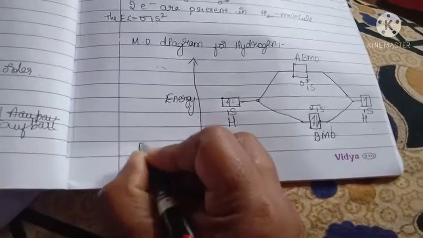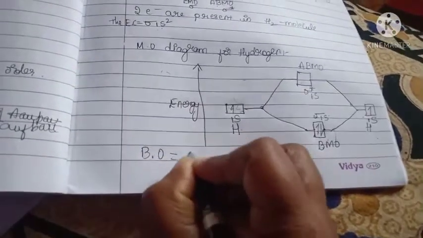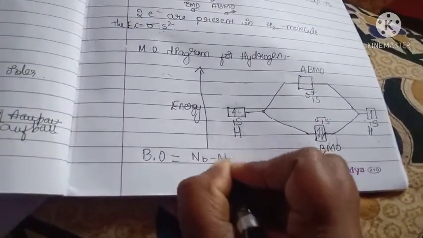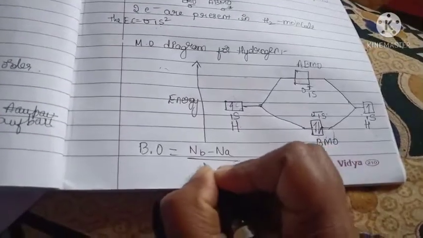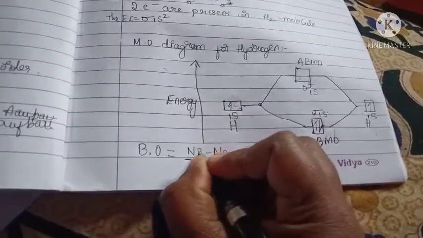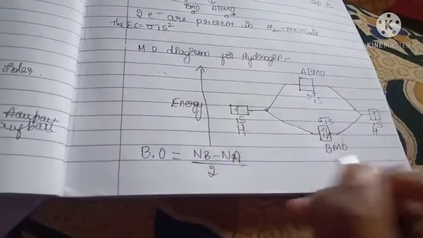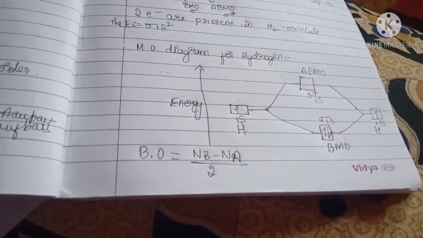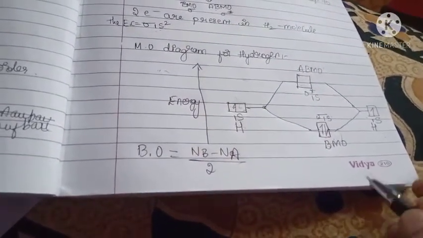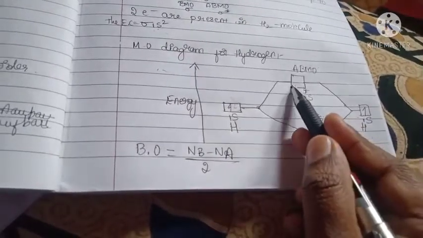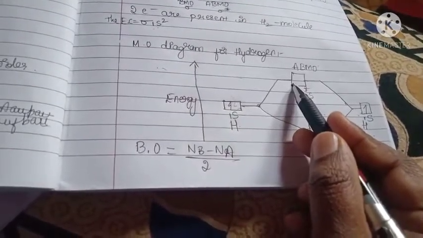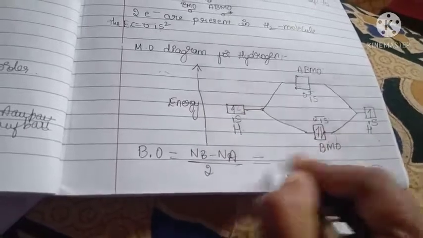Okay, next we have to calculate the bond order. BO is equal to NB minus NA divided by 2. It can be capital or small, whatever it may be. NB means the number of electrons in the bonding molecular orbital. NA means the number of electrons present in the anti-bonding molecular orbital. You have to check it out.